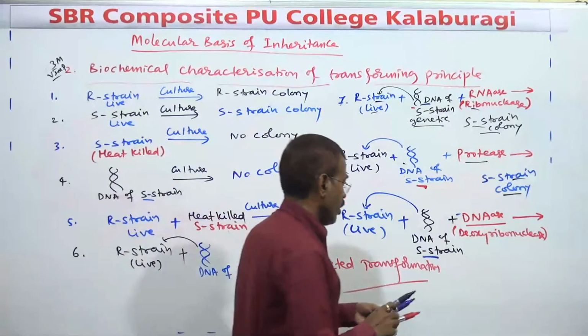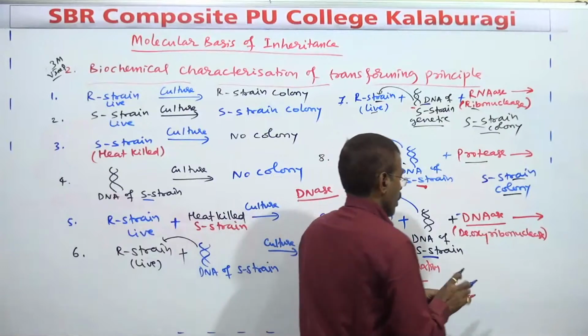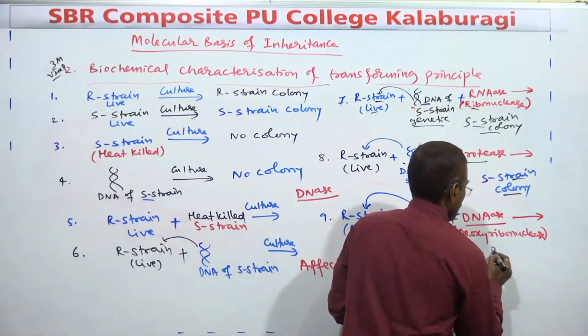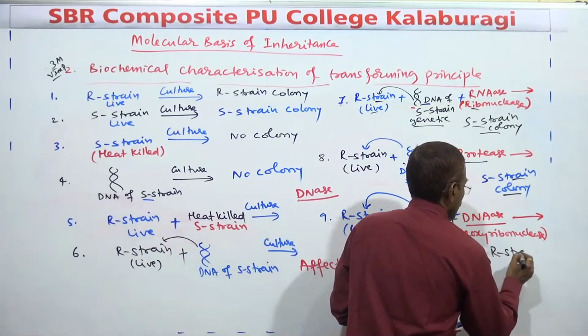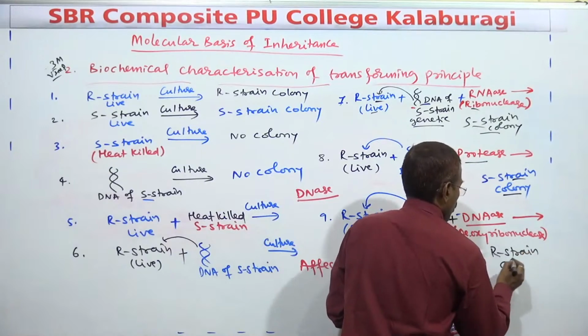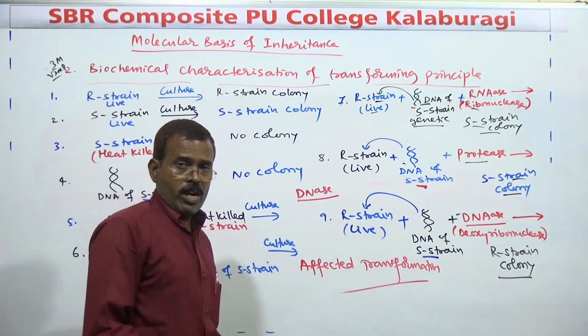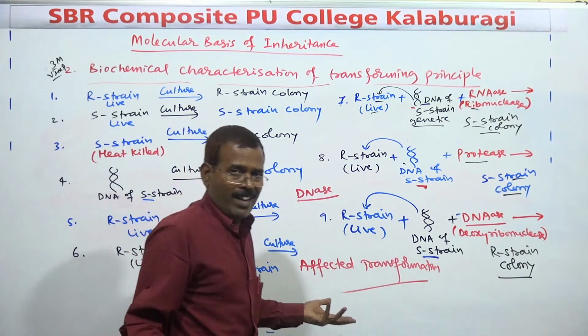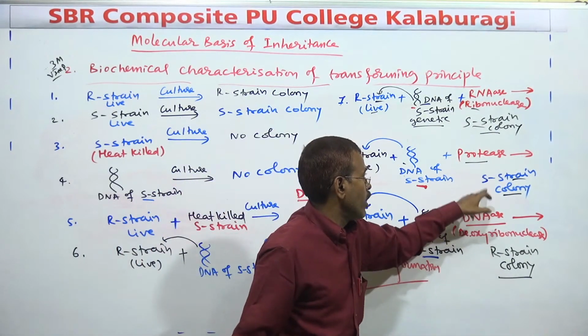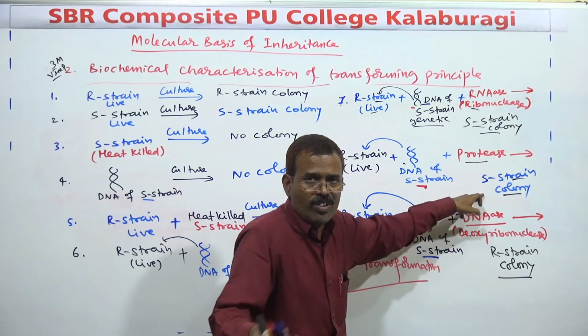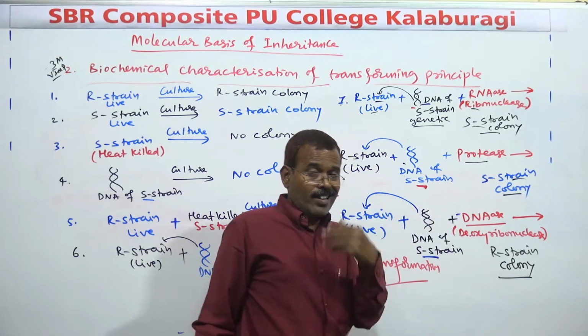So here, what did they get? They got only rough strain colony. We cannot expect the formation of smooth strain. We got smooth strain in the previous cases. Here, we cannot get the smooth strain.